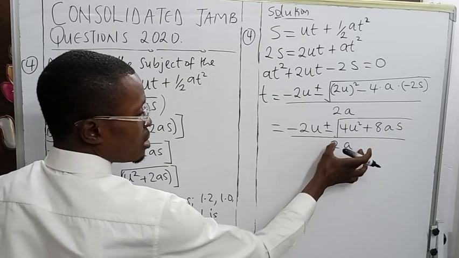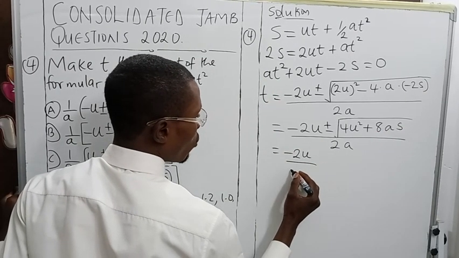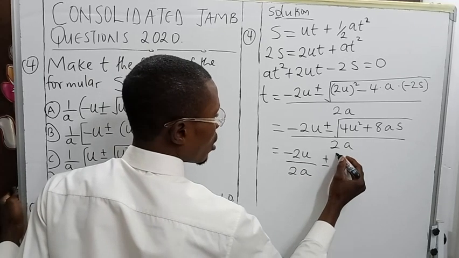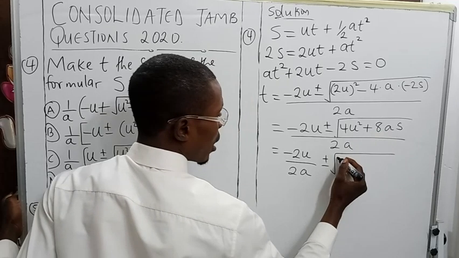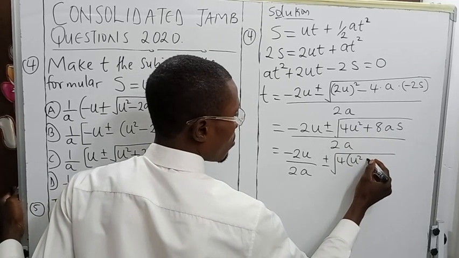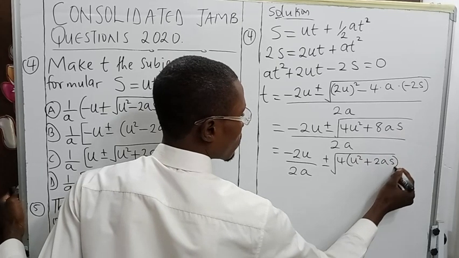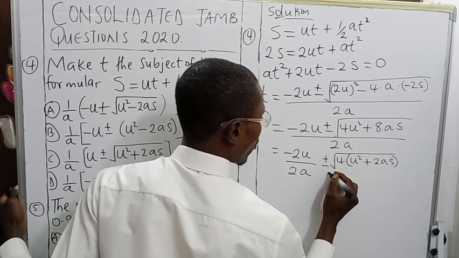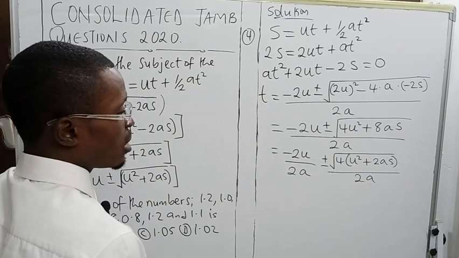I split this, I have minus 2u over 2a plus or minus the square root of, here I can factorize this, 4 is common. Factor out 4 from here, you have u squared, plus factor out 4 from here, I have 2as, over 2a. This is the same as this.